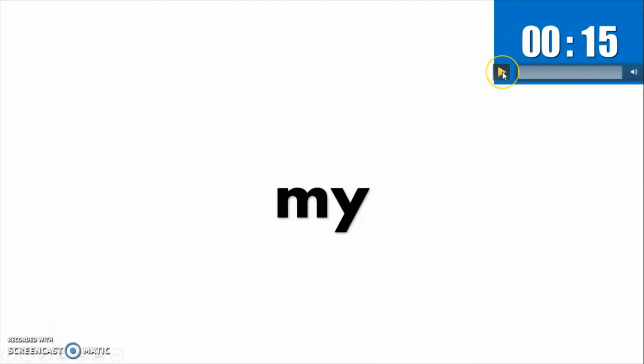Ooh, try this one. So remember what I said about how many letters short words have? Wonder what sound you'll use. And time.